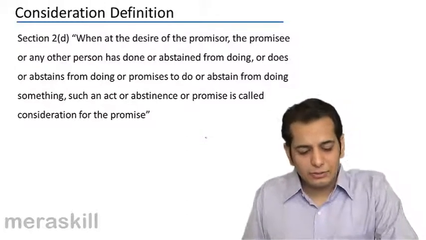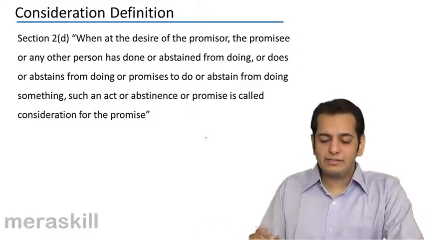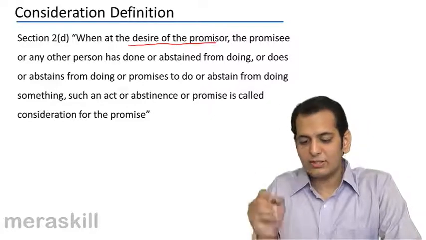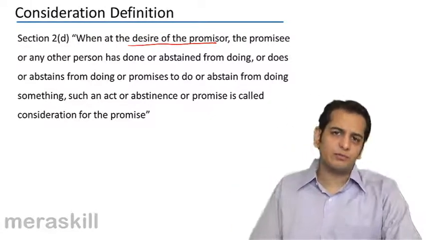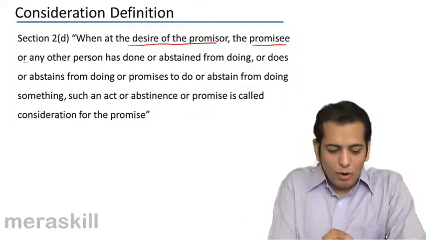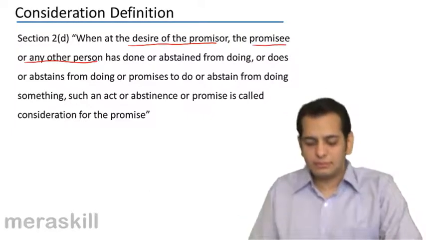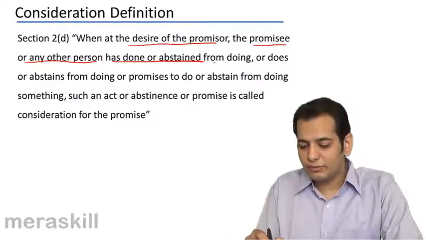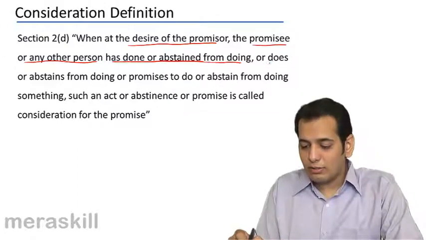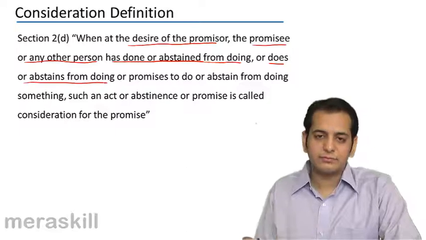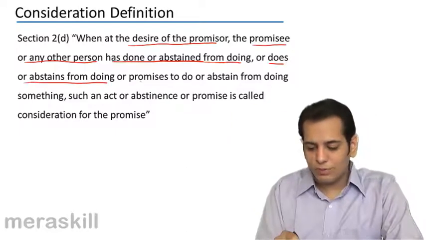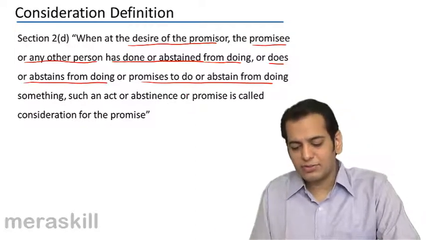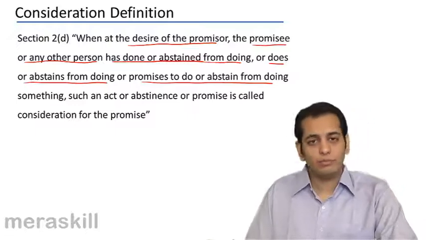As per Section 2(d), it has been defined as: when at the desire of the promiser, the promisee or any other person has done or abstained from doing, or does or abstains from doing, or promises to do or abstain from doing something, such an act or abstinence or promise is called consideration for the promise.